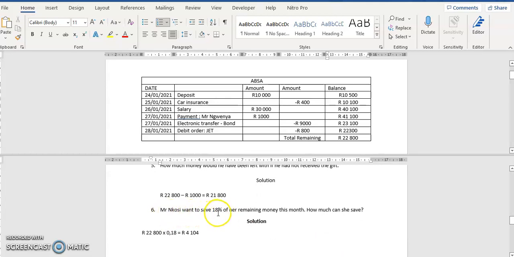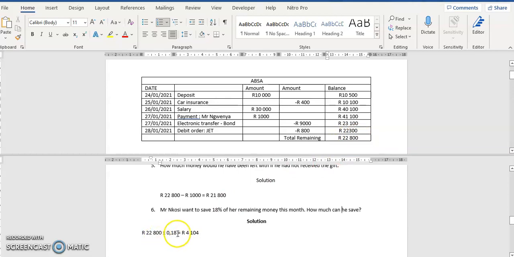Mr. Nkosi wants to save 18% of her remaining money this month. How much can he save? So you want to save 18%. 18% is the same as 18 over 100. So you multiply it by the total here. What is our total? Total is 22,800.